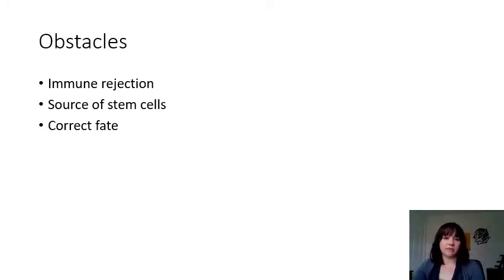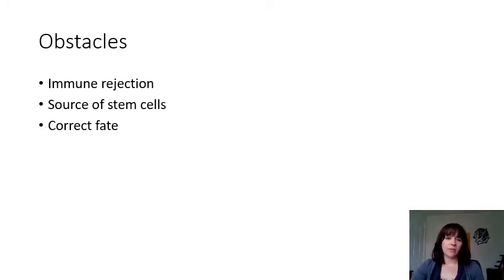In any type of stem cell transplant, whether you're doing bone marrow or an embryonic stem cell transplant, you have some common obstacles that must be overcome. The first one that you've all probably heard of is immune rejection. So if you're donating bone marrow, for example, you need to make sure that you have the same blood type, right?